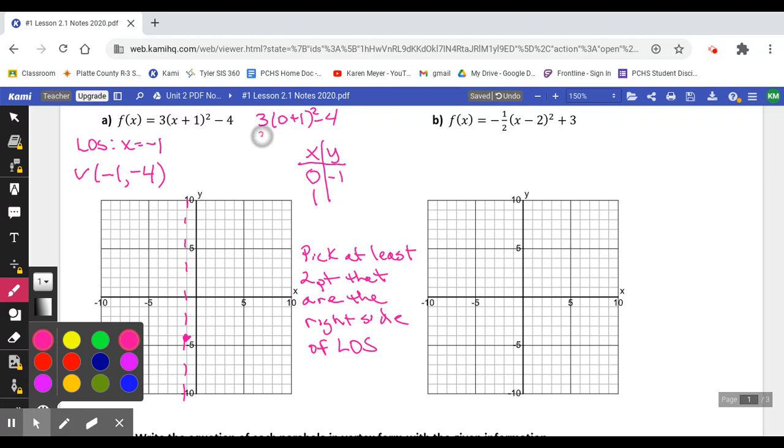So I would type in 3 parentheses 1 plus 1 squared minus 4. And if you type that into your calculator, you should get 8. So now I'm going to go plot (0, -1). And I'm also going to plot (1, 8).